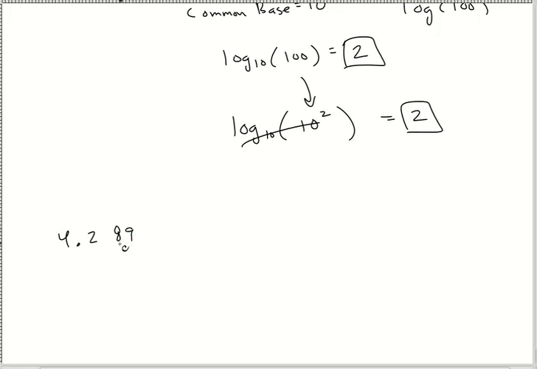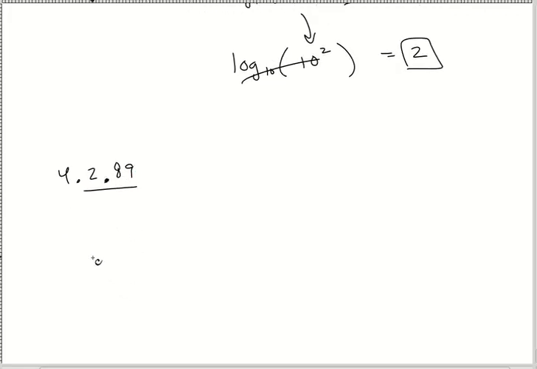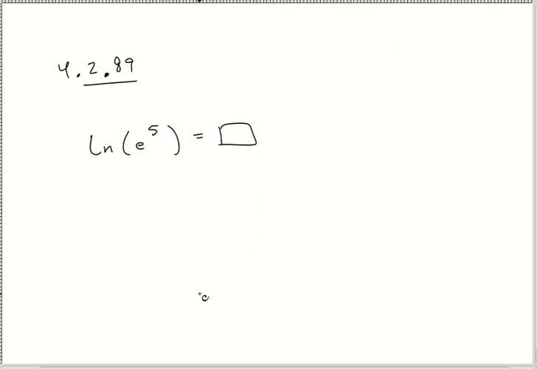Okay, I've got ln of e to the 5th power is equal to what? Now hold on. Whenever you have an ln, if you were looking around for a log button on your calculator, you probably also saw the ln button. Ln stands for log natural, logarithm naturalis, I guess, because it sounds French.